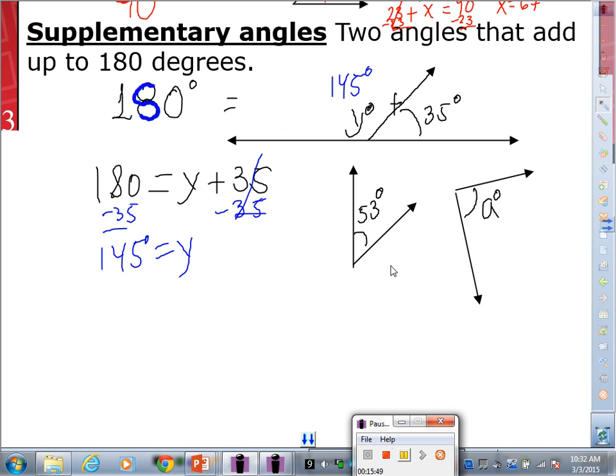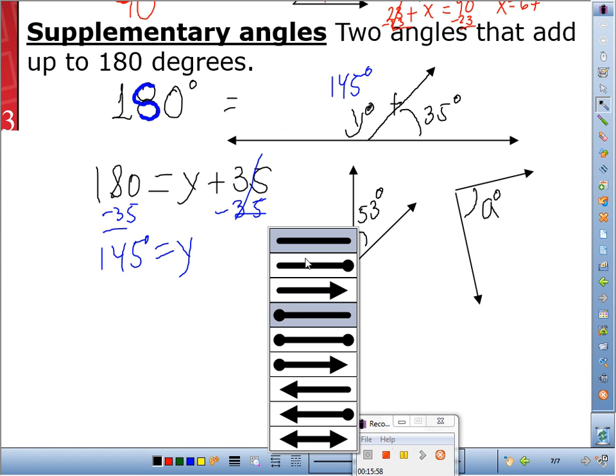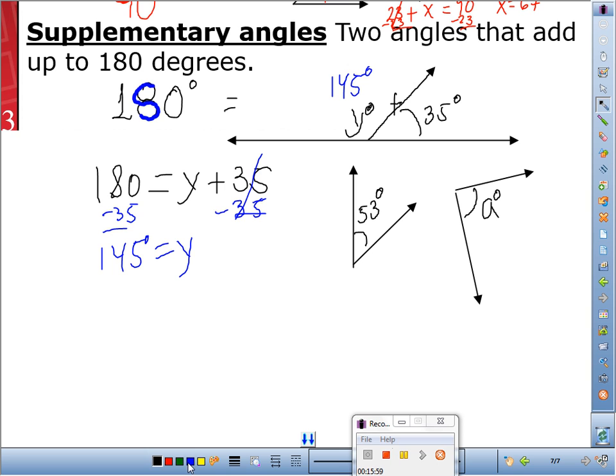All right, here we go. Felipe, tell me what to write. Help me to write out the equation and solve it, please. To solve it, you put 53 plus A equals 180. Hands up if you did that. That is correct.